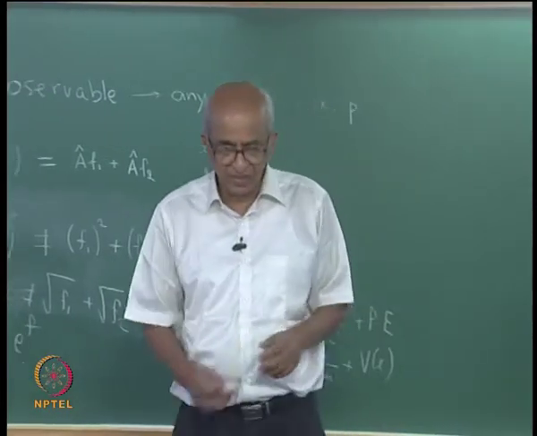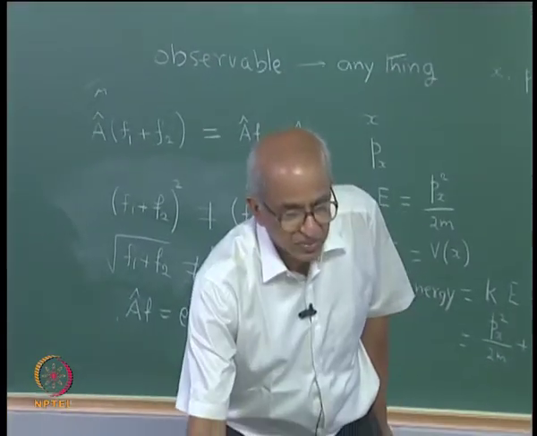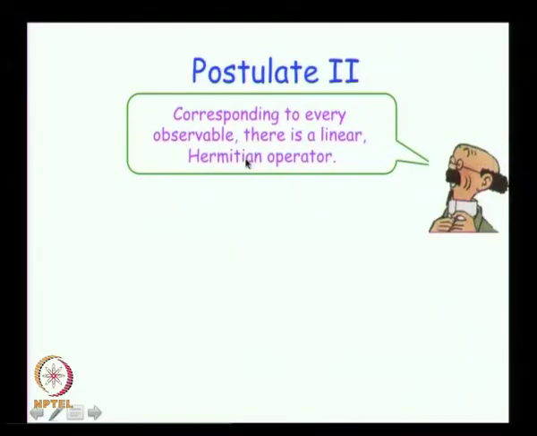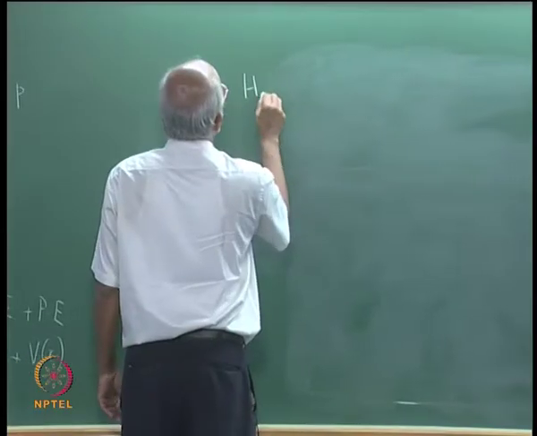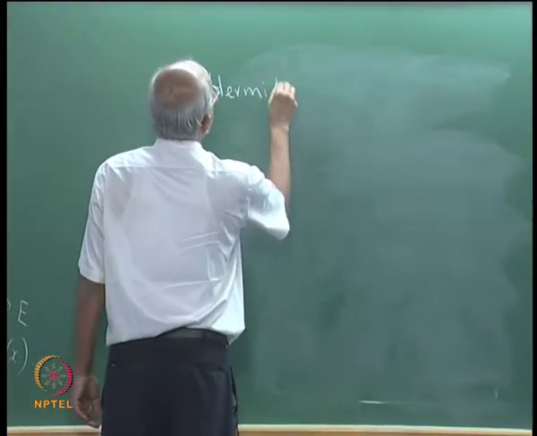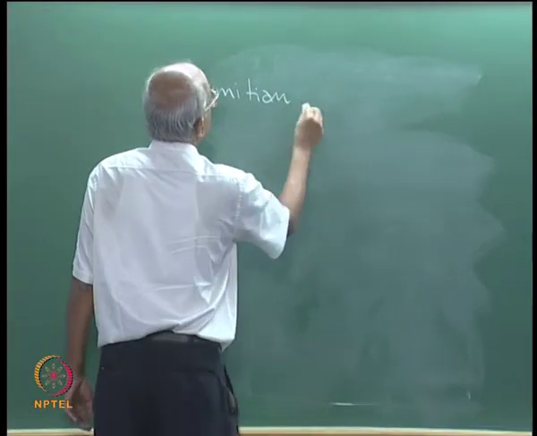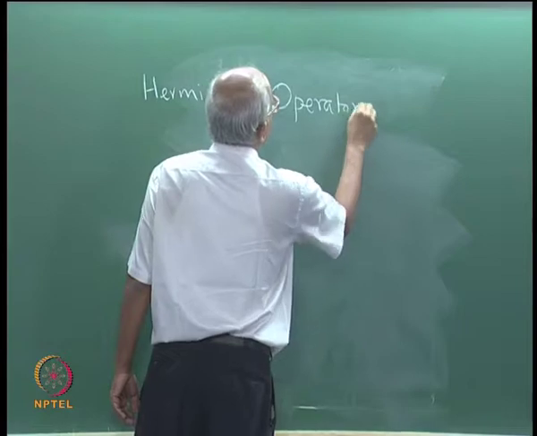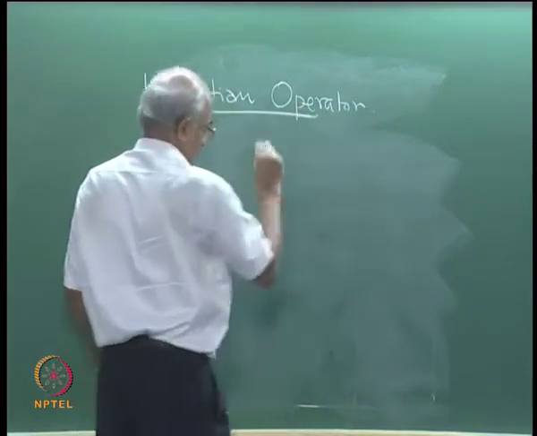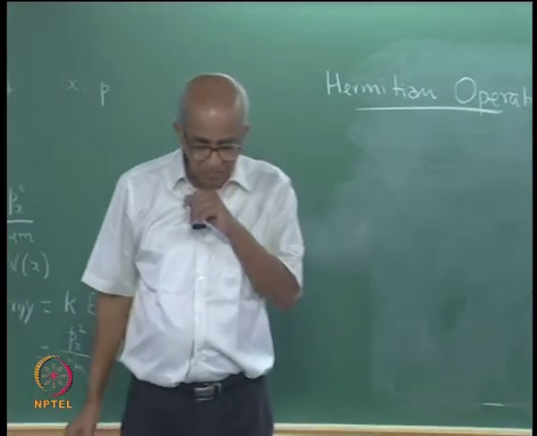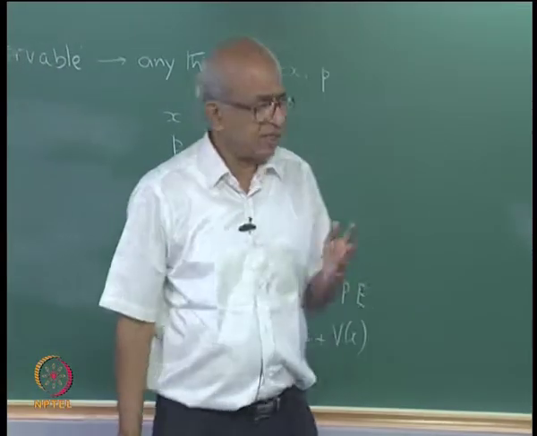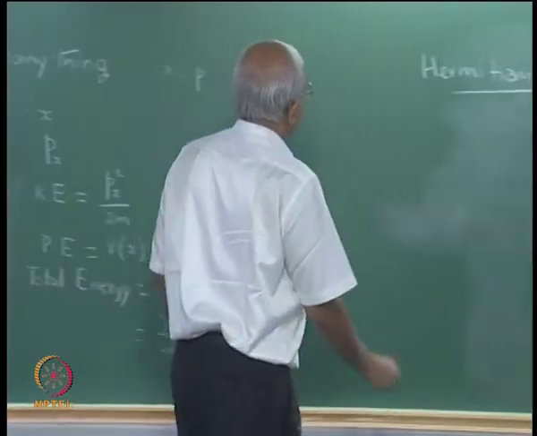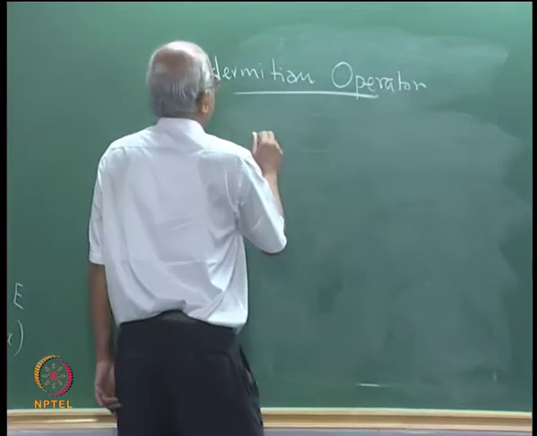Now, we have another word sitting here in this postulate, which says Hermitian operator. So, what do I mean by Hermitian operator? Okay, let me imagine that I have two acceptable state functions.